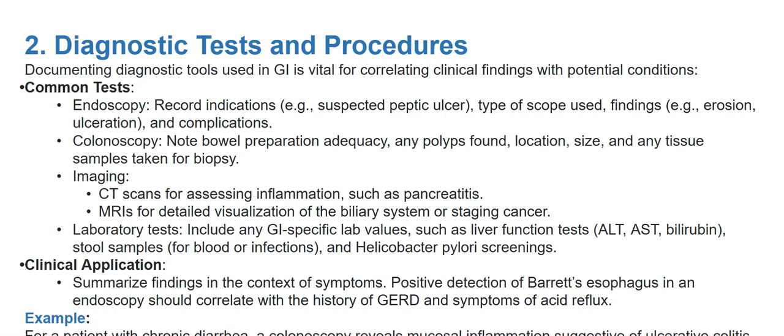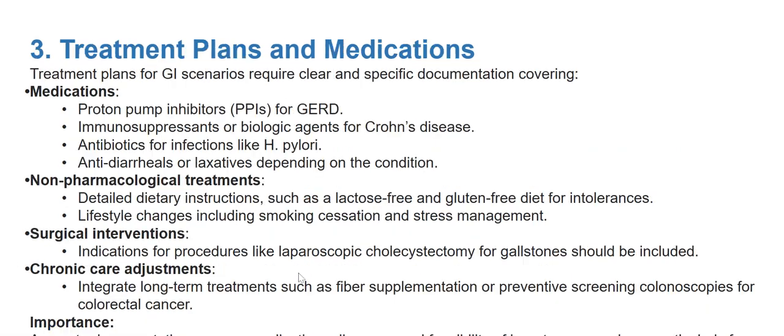Of course, ulcerative colitis is one of two kinds of inflammatory bowel disease; the other inflammatory bowel disease is Crohn's disease, CD. Now, for this example, for a patient with chronic diarrhea, colonoscopy reveals mucosal inflammation suggestive of ulcerative colitis.